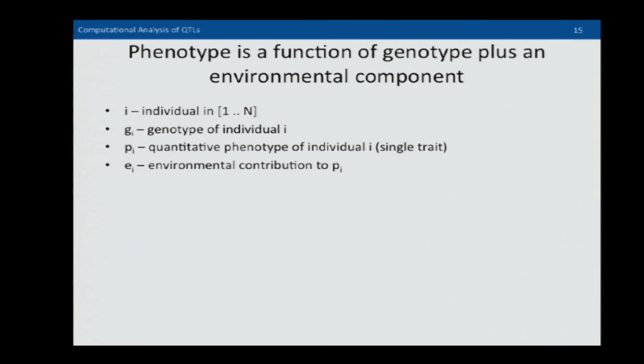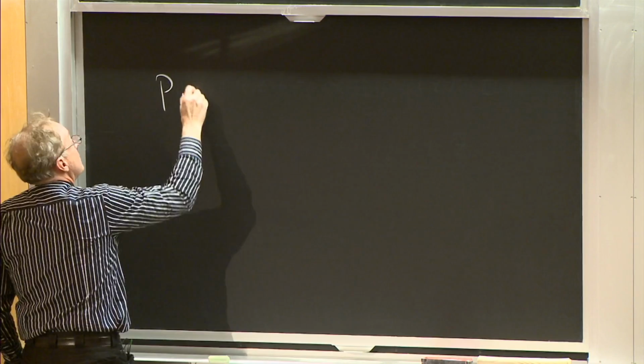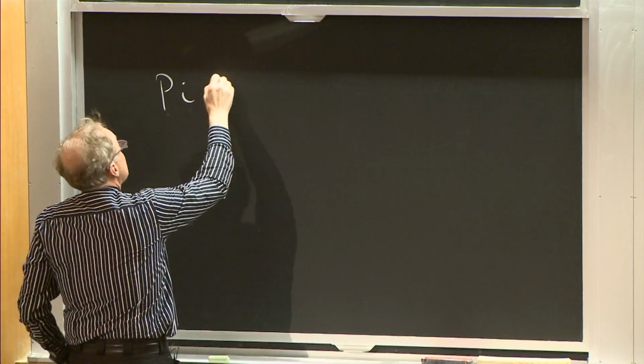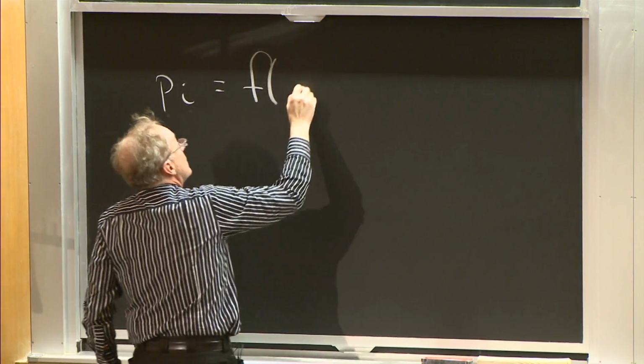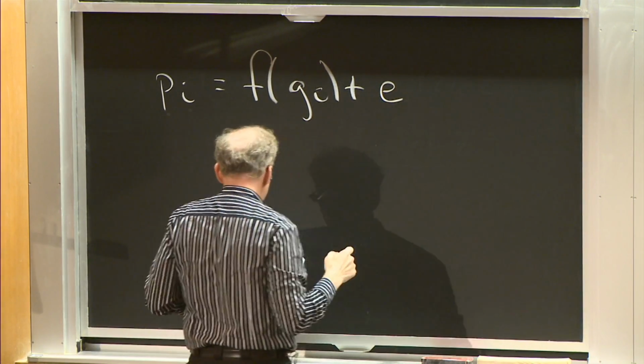And the essential idea is quite simple, which is that the phenotype of an individual, P sub I, is going to be equal to some function of their genotype plus an environmental component.